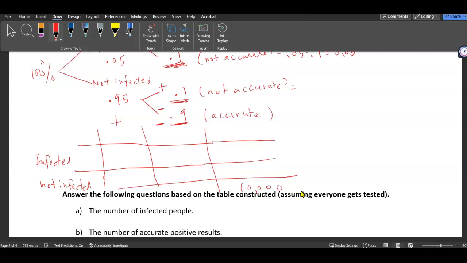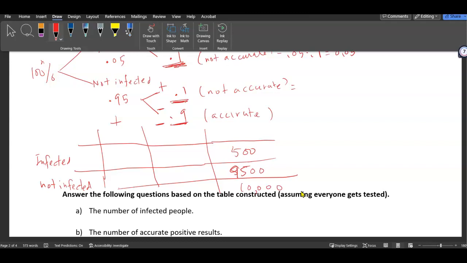So the total infected is 5%, so it should be 500, right? So you can fill in 500, and then 9,500, and that will add up to 10,000.